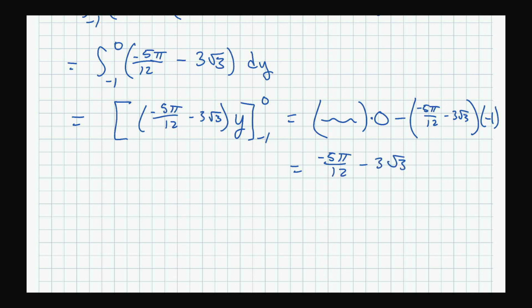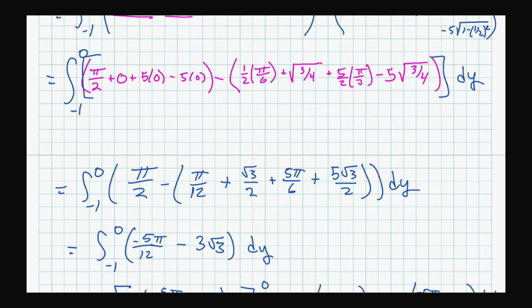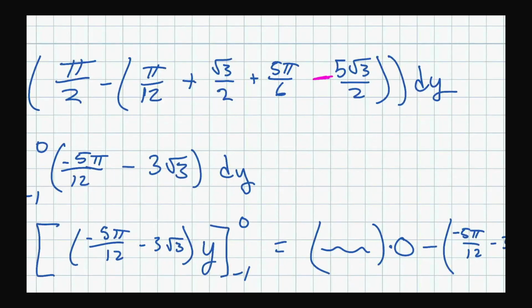And I'm just going to check this real quick because I think I made a sign error on something. I did. Let me fix it. So right here I got a minus and I changed it into a plus. Let me fix that. So that was supposed to be a minus, which means when you add these up, what happens is you have negative 5 root 3 over 2 plus root 3 over 2.